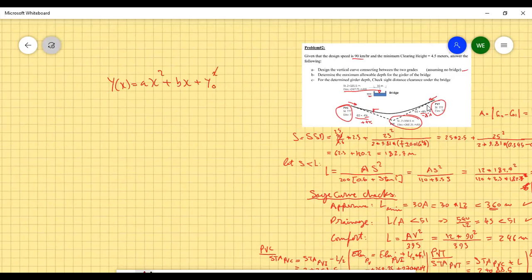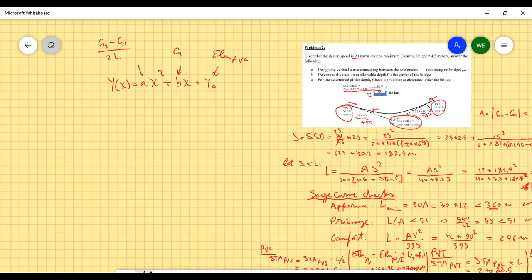So y naught, as we mentioned, is basically elevation of the BVC. B, that's G1. A, that's G2 minus G1 over 2L. Clear? X is basically the distance from the BVC.